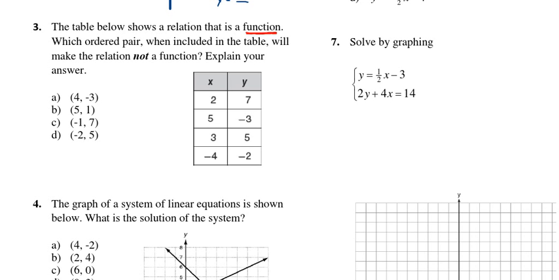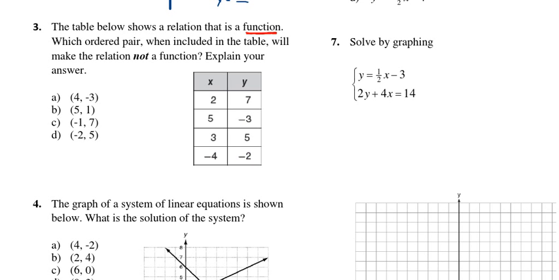So in this case, this is a function because each of these values of x corresponds to only one value of y. The 2 only corresponds to 7, 5 only corresponds to negative 3, 3 only corresponds to 5, and negative 4 only corresponds to negative 2.